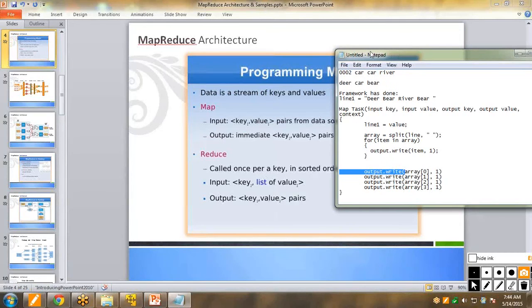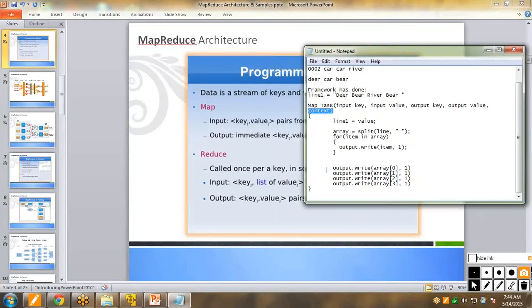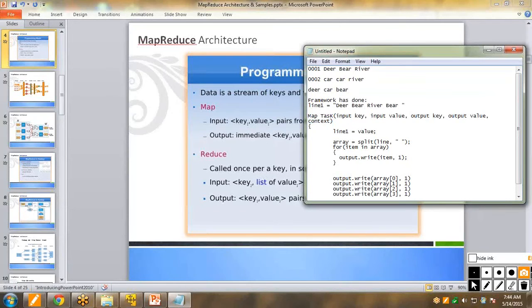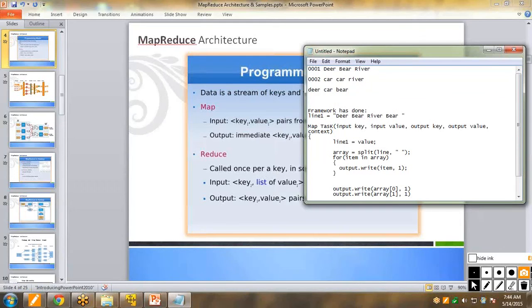Remember, there is a context here. Context is the one that is a tying knot between all the data nodes, all the task trackers. Because let us say in the file, you have millions of rows, right? How do you pass the output from this mapper to the next program, the reducer?